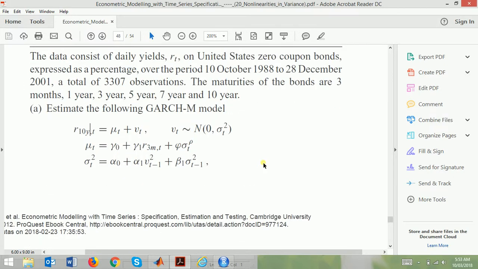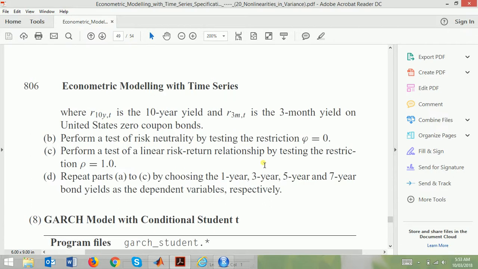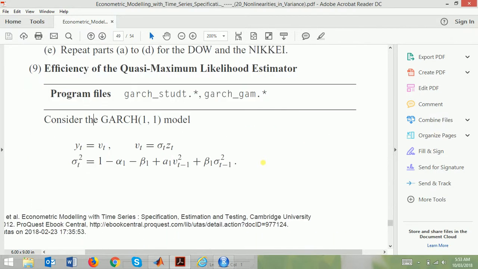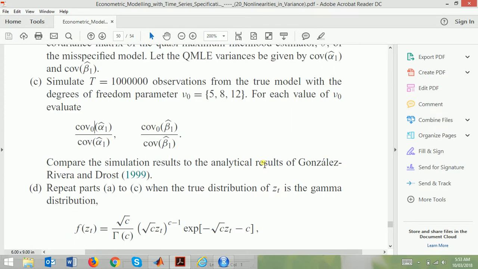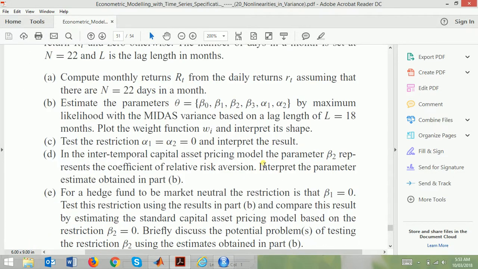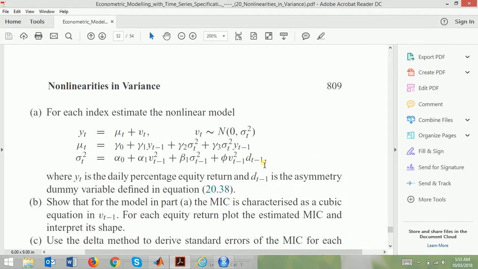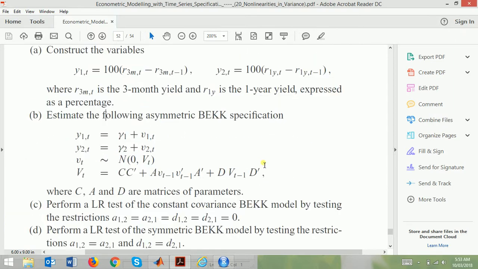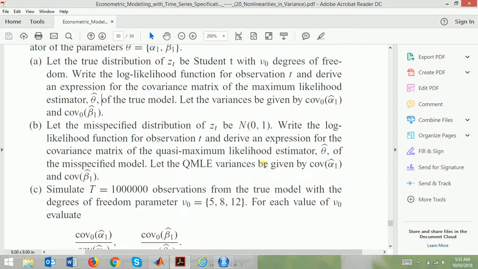Modeling risks, which is modeled with GARCH-M. So I guess GARCH-M is more important. Okay. MIDAS is a very important problem. And then come multivariate models.